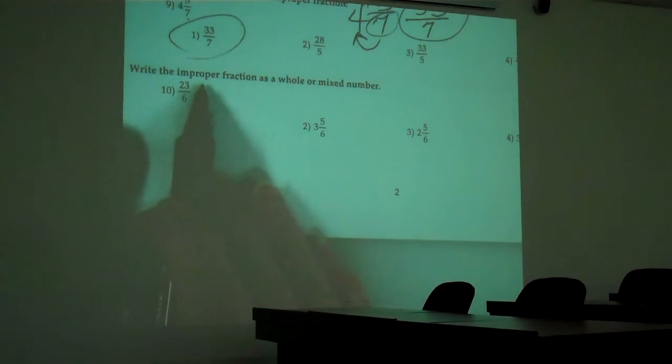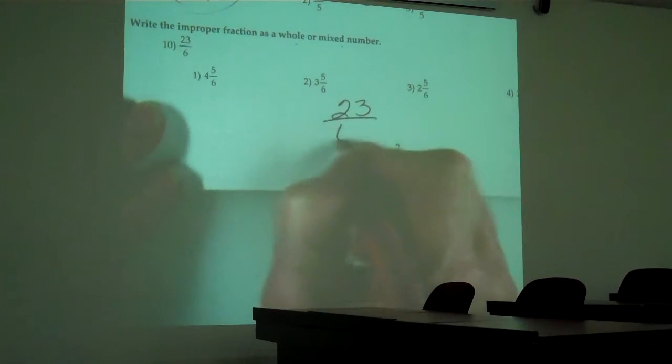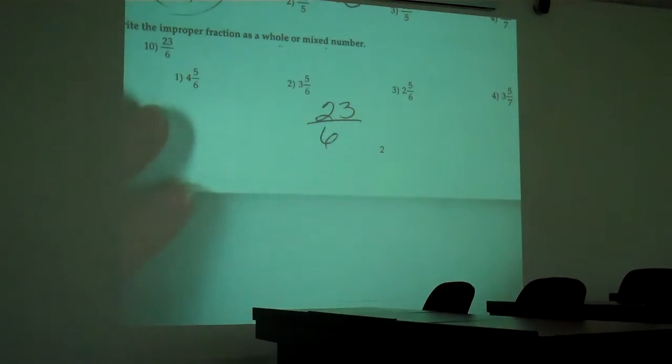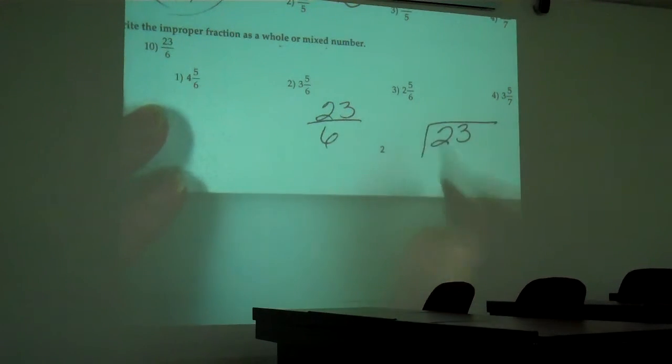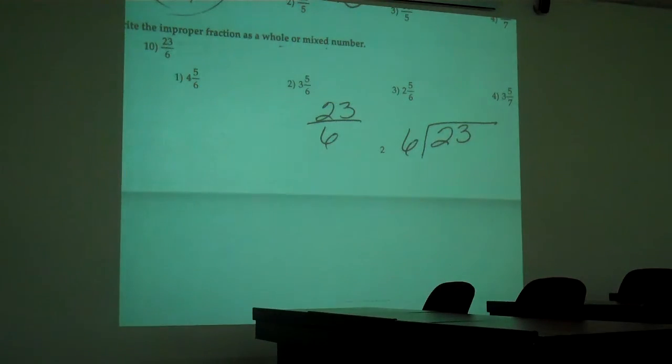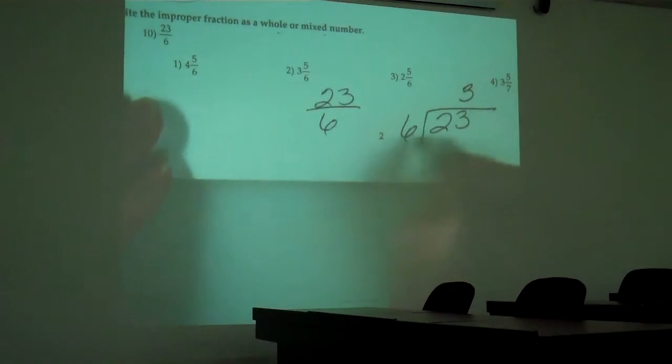Write the improper fraction as a whole or mixed number. You've got 23/6. How do we do that? Divide 6 into 23, or you could say 23 divided by 6. How many times will that go? 3 times, 3 times 6 is 18.